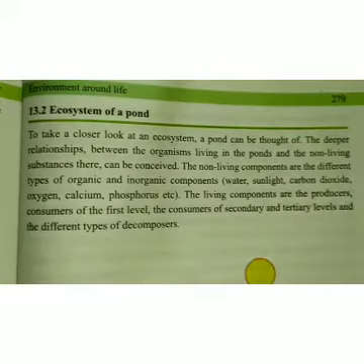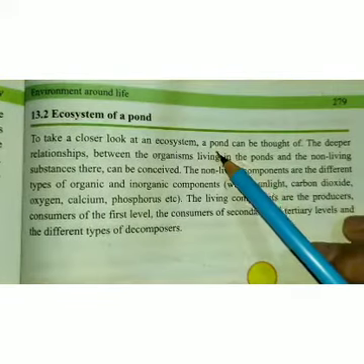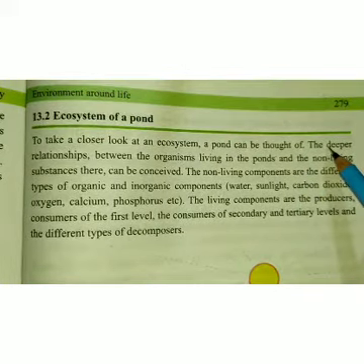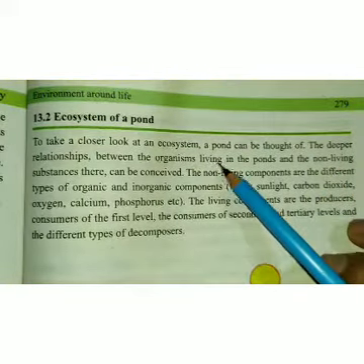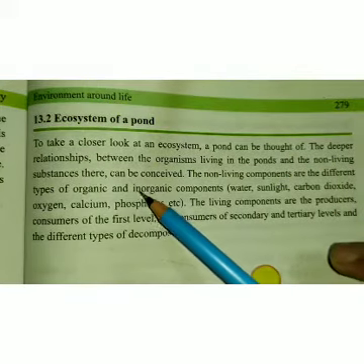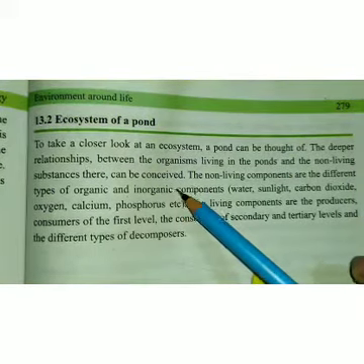To take a close look at an ecosystem, a pond can be thought of. The deeper relationship between the organisms living in the pond and the non-living substance there can be conceived.